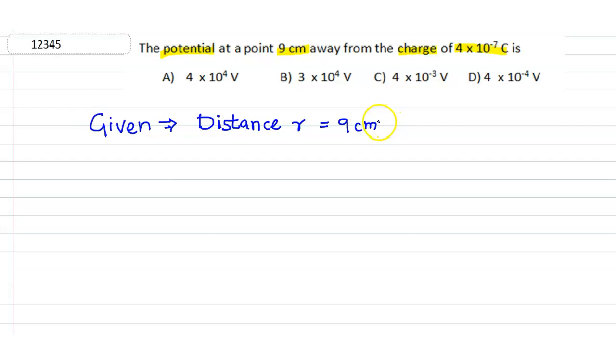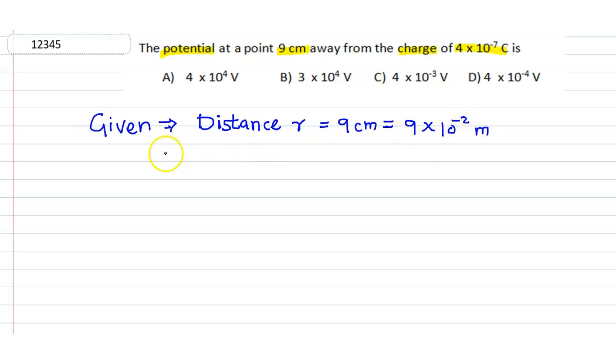Remember one thing, when we solve a problem in physics, all the physical quantities should be in SI unit. So we convert the length from centimeter to meter. The multiplying factor for converting centimeter to meter is 10 to the power minus 2. So it becomes in meters.